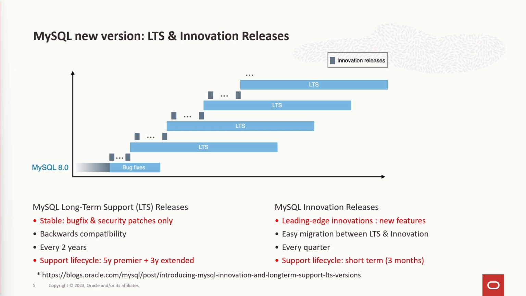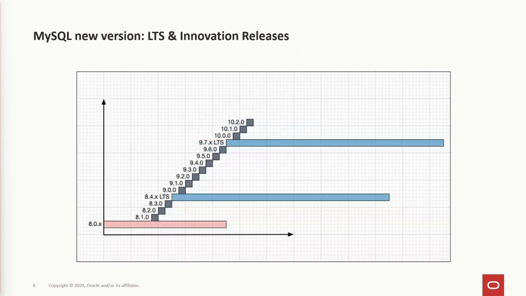Every quarter we release an innovation release, and after 3 months the previous version will be EOL. That's the difference. After 8.0, we already have 3 innovation releases: 8.1, 8.2, and 8.3.